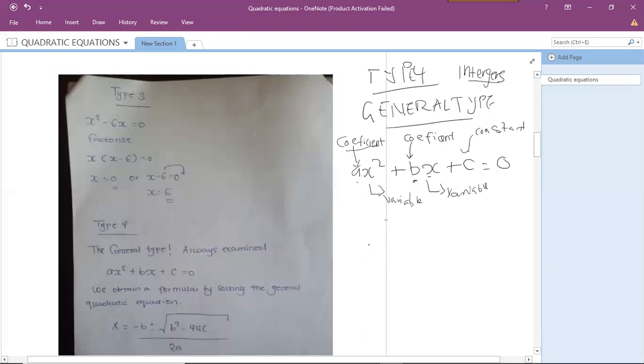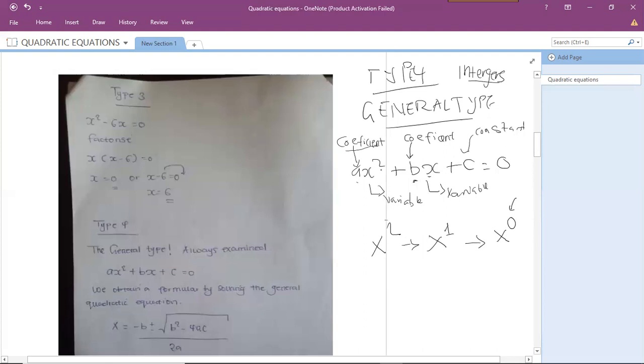What do I mean here? It's going from x squared to x to the power of 1 to x to the power of 0. In the future, we're going to know that any number to the power of 0 is 1. No wonder this one has no coefficient.